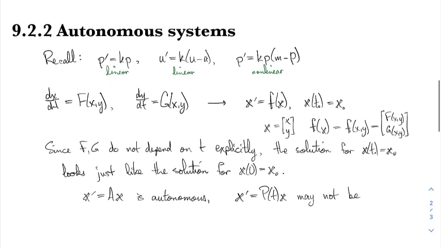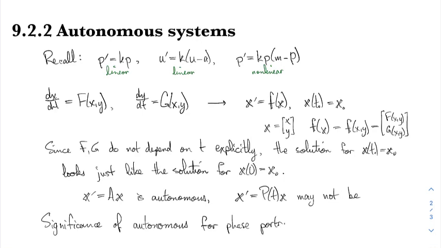And so the significance of an equation being autonomous for phase portraits is that the solution curves don't change when t naught does.